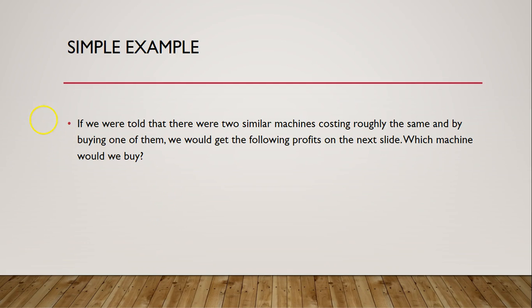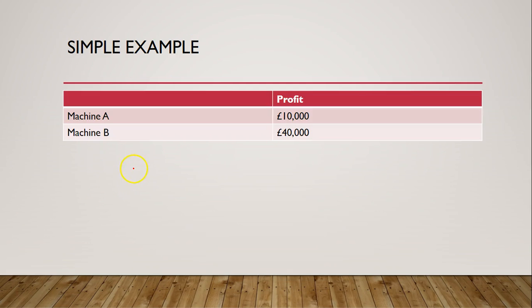So this is, I think, a nice, simple example to break down where I'm trying to go. If we were told that there were 2 similar machines costing roughly the same, and by buying one of them we would get the following profits on the next slide, which machine would we buy? Okay, so let's look at these.